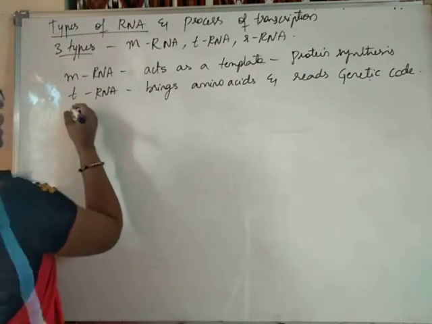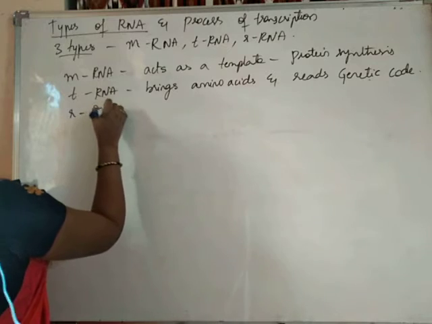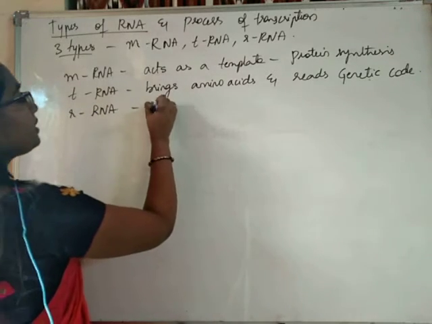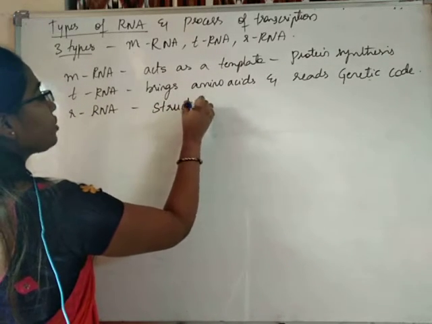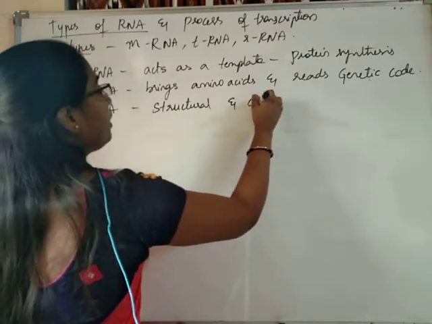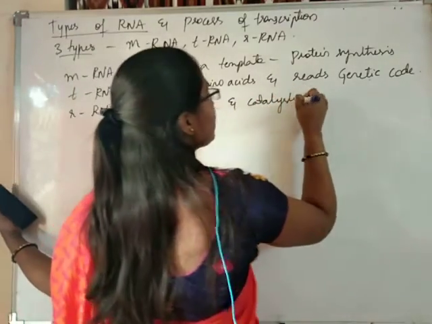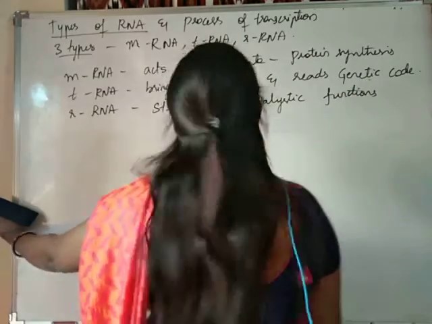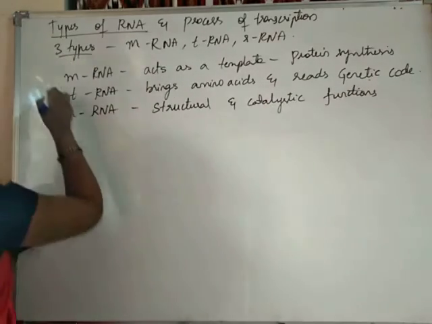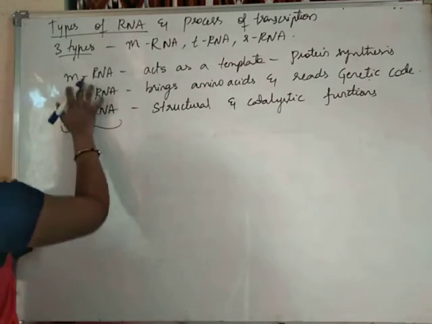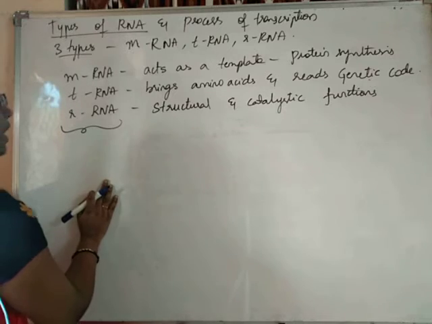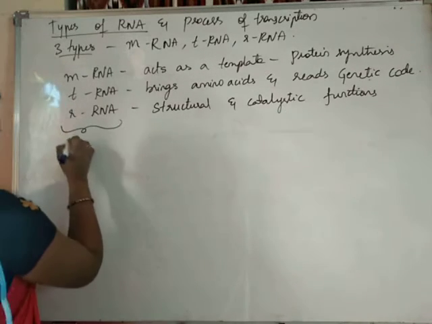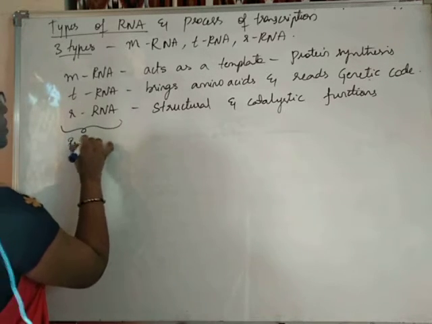Whereas rRNA is involved in structural and catalytic functions. In this way all the 3 types of RNAs, mRNA, tRNA and rRNA, are involved in protein synthesis only.